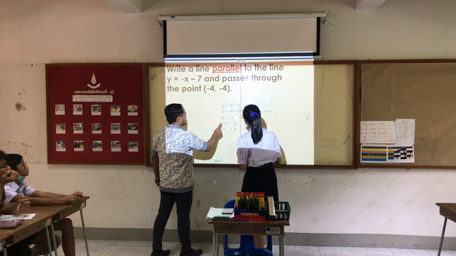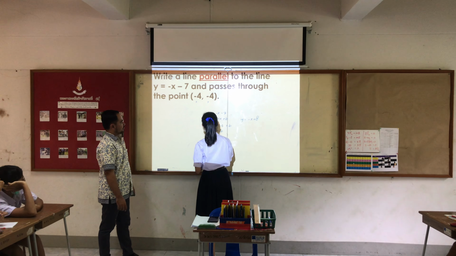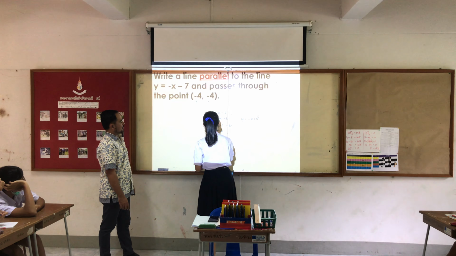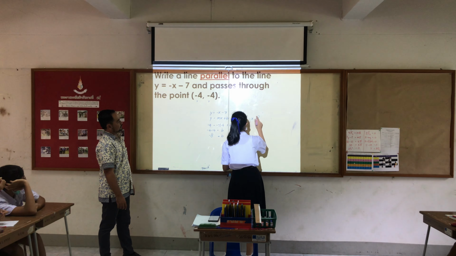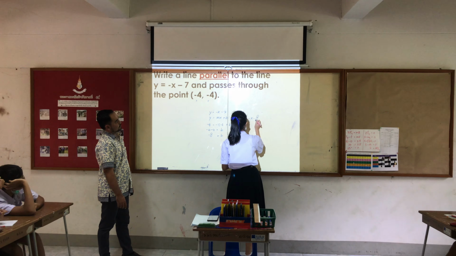This is negative, and negative is negative. Okay. So the answer is y is equal to negative x minus negative 8. Let's see. Okay, correct. Very good. Correct.